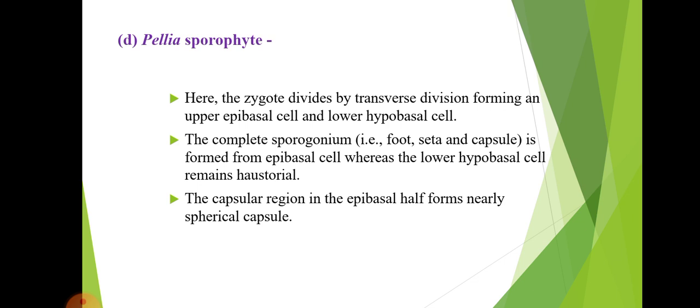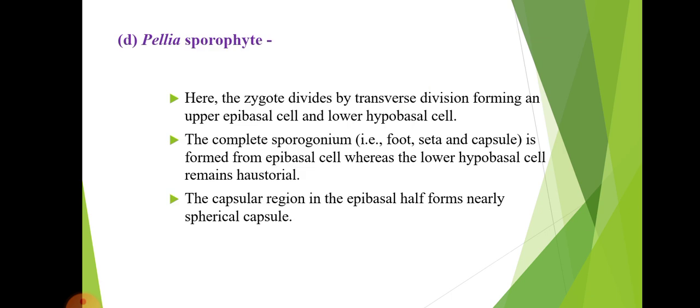The complete sporogonium is formed from the epibasal cell, whereas the lower hypobasal cell remains astorial. The capsular region in the epibasal half forms a nearly spherical capsule. This is the structure of Riccia sporophyte.